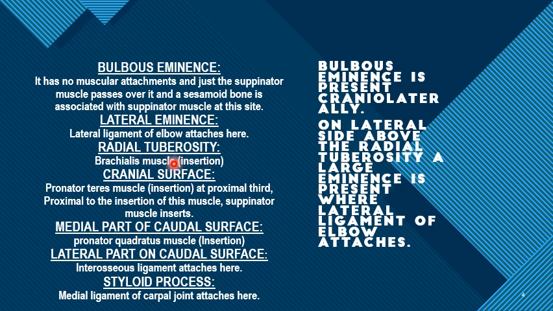If we talk about the cranial surface of the radius, as I have told you, both the cranial surface and caudal surface of radius bone are specialized for muscular attachments. At the cranial surface, at its proximal third, there is insertion of pronator teres muscle, and just proximal to this insertion there is another muscle, the supinator muscle. So this muscle also inserts here.